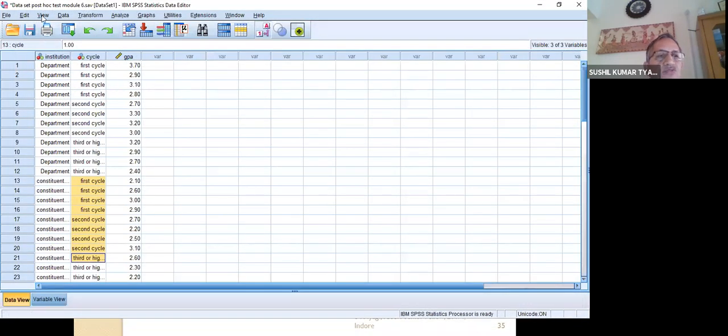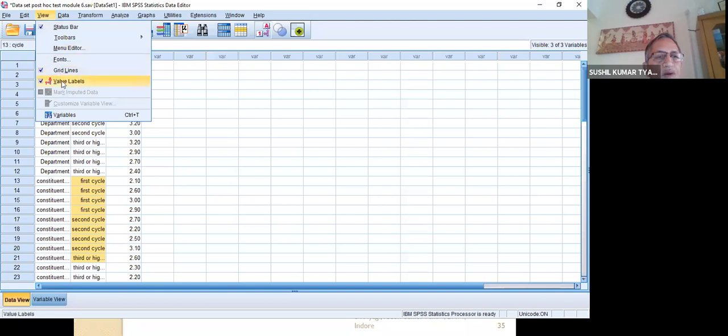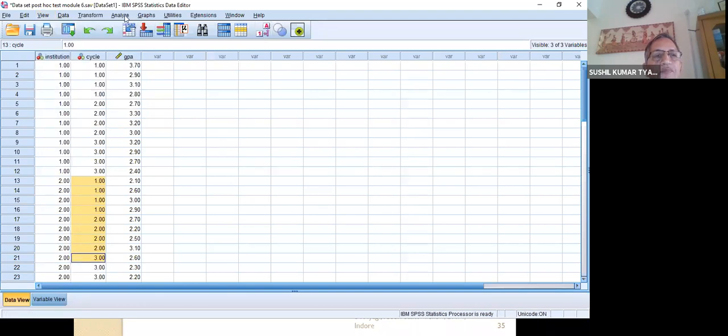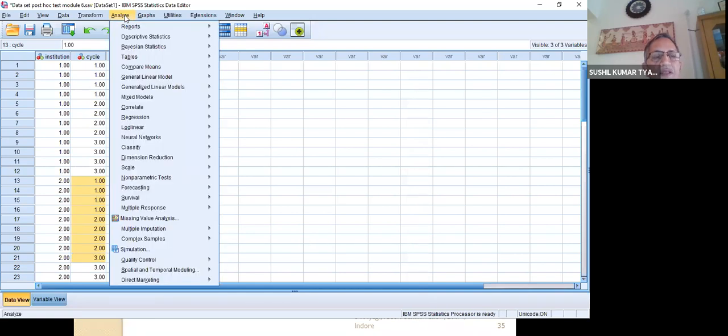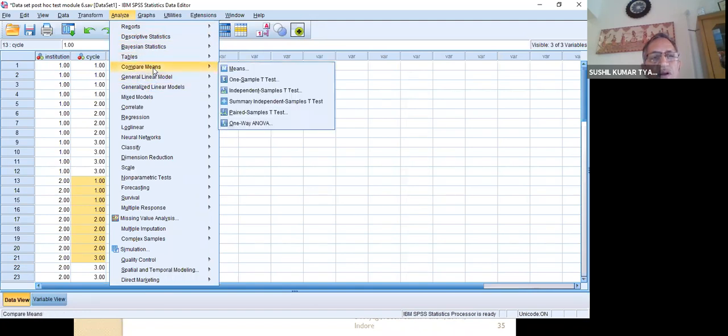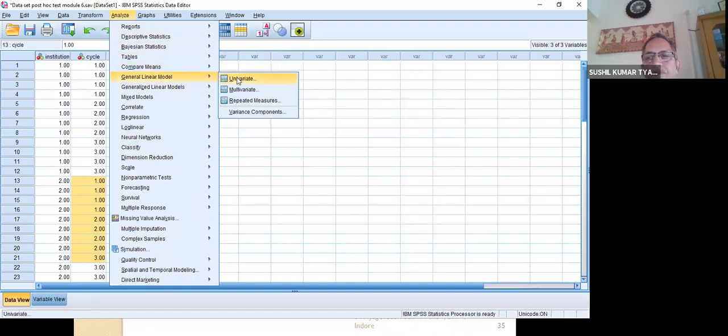Now let us proceed with this. First of all, we have seen that this is a two-way ANOVA of equal cell size. Now we analyze, general linear model.